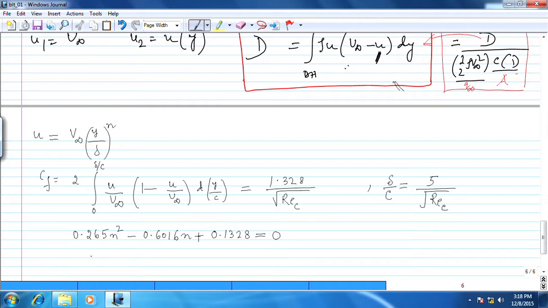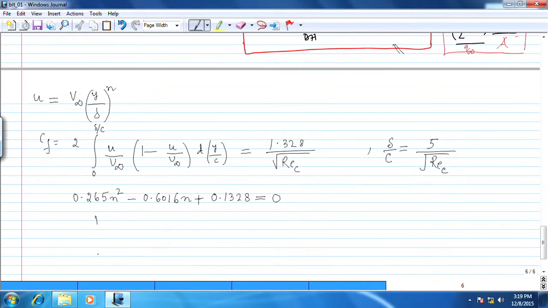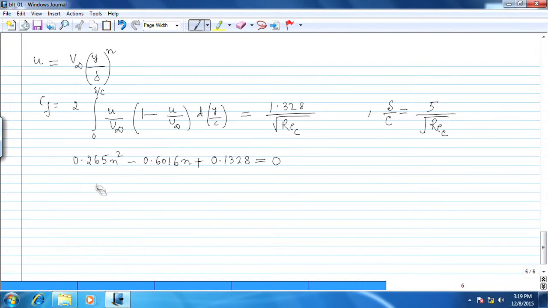It is a quadratic equation, so I get two values of n. So n is equal to 2 or n is equal to 0.25 actually, right.